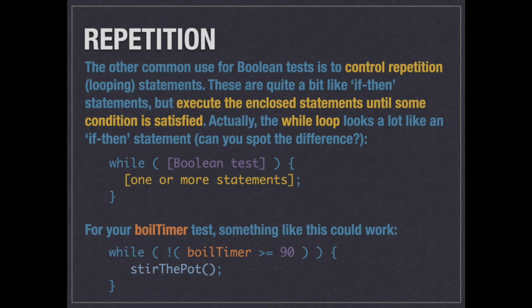That just says if the boil timer is not greater than or equal to 90, stir the pot, which is consistent with what the recipe asks for. That is, until the boil timer expires, keep stirring the pot. Call that method stir the pot over and over and over again. Again, we've got an entire chapter on Boolean logic, if-then statements, and repetition structures coming up in a bit.